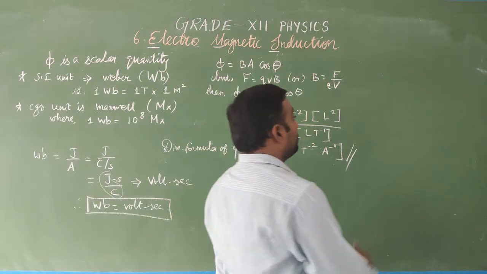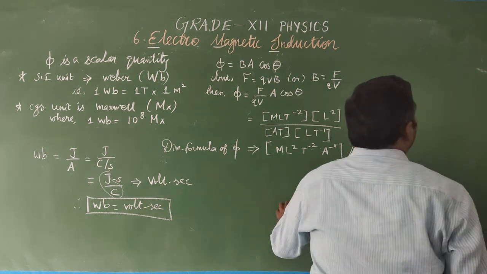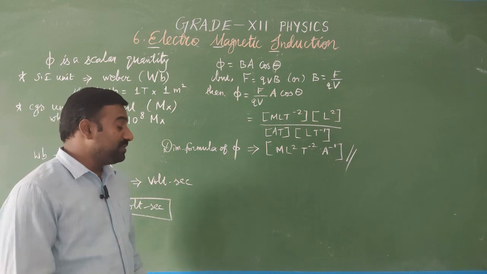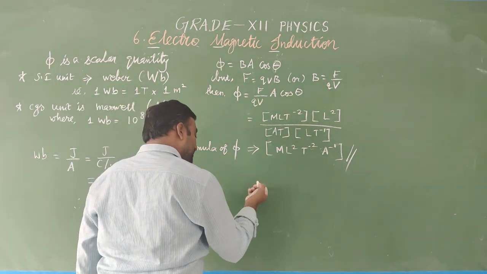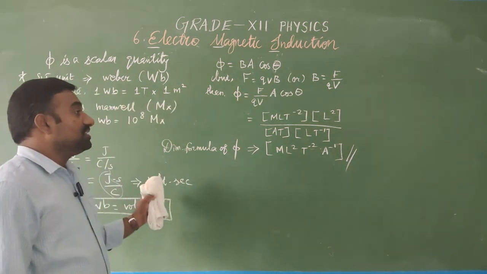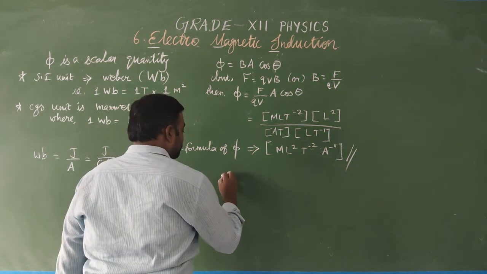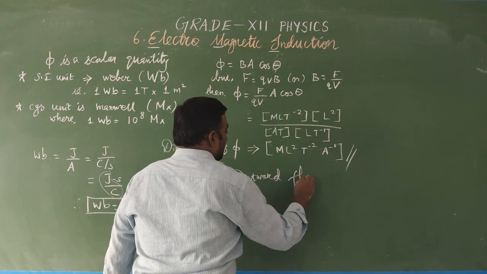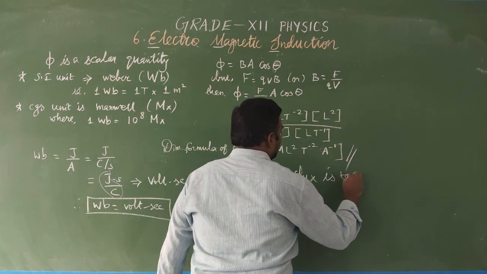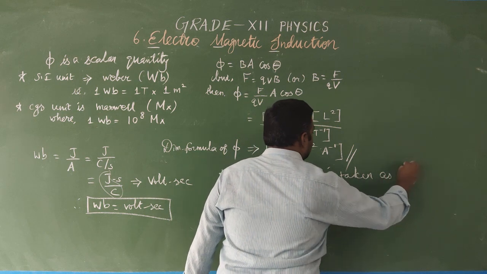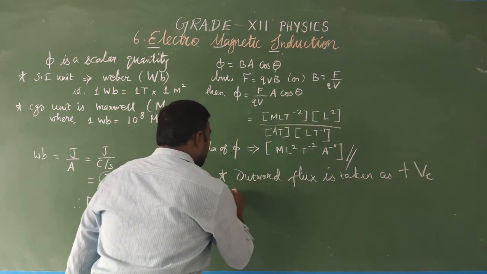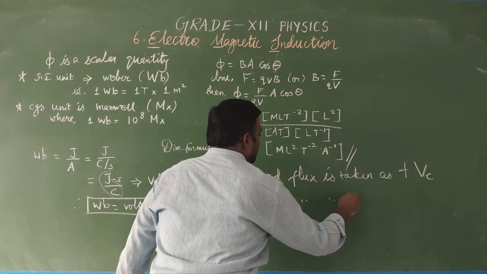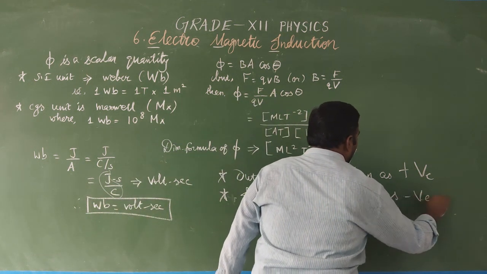And one more thing, note it, it's very important. If a body is present in a uniform or non-uniform magnetic field, the outward flux is always taken as positive, whereas the inward flux is taken as negative.